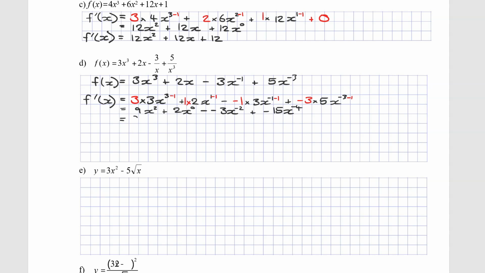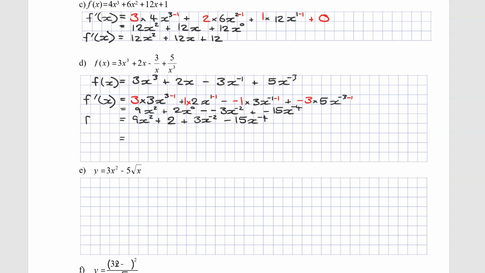Cleaning all of this up, we're going to get 9x squared plus 2x to the 0. The x to the 0 becomes 1, I should say, so it's just 2. The double negative becomes a positive 3x to the negative 2, and the plus goes away because it's plus minus 15x to the negative 4, like so.